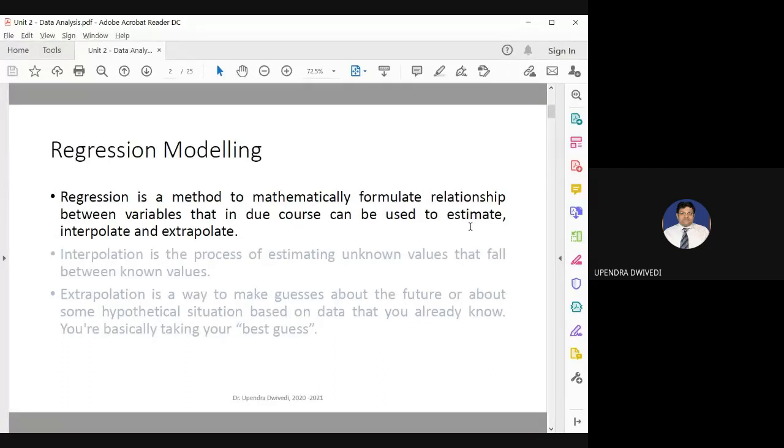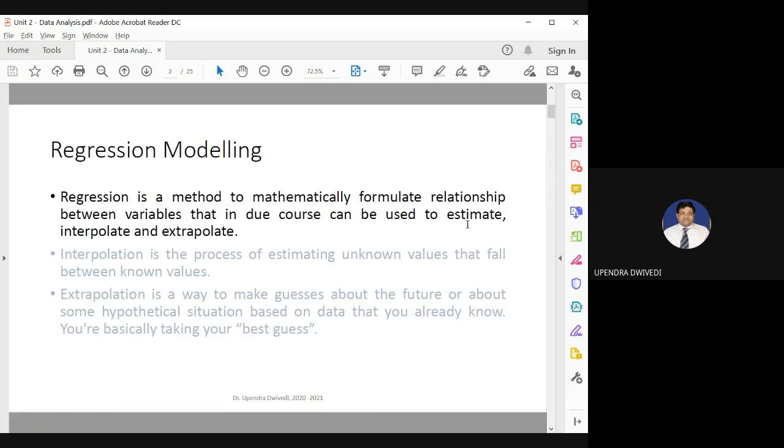These are some variables, and based on these variables, we try to find out whether disease one or disease two has affected the patient or not. Regression modeling provides us a way to find the relationship between these variables.